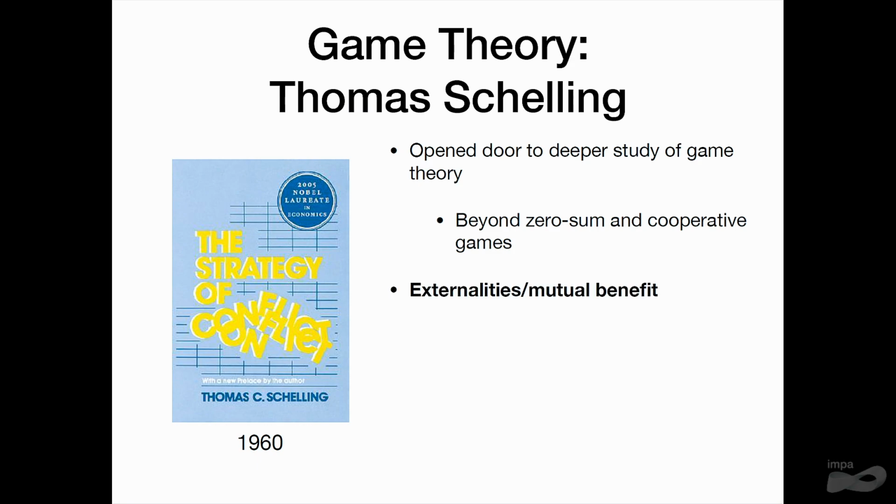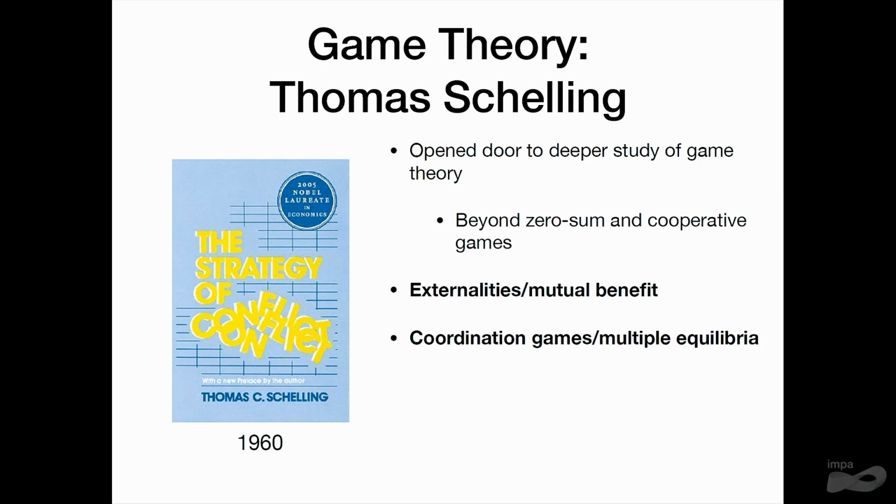And he made a big deal about these externalities, mutual benefits, right? If there's an outcome that's good for both of us, that probably has something to do with externalities. But there wasn't really the mathematical tools back then to analyze this, to see exactly where the externalities came from.